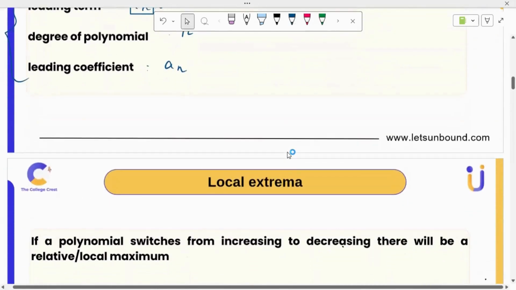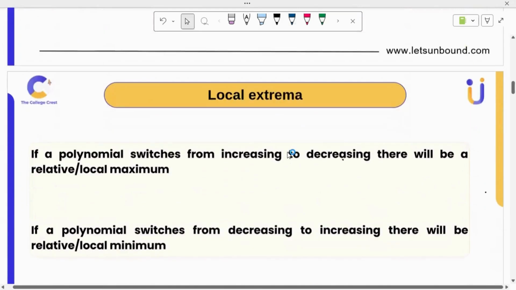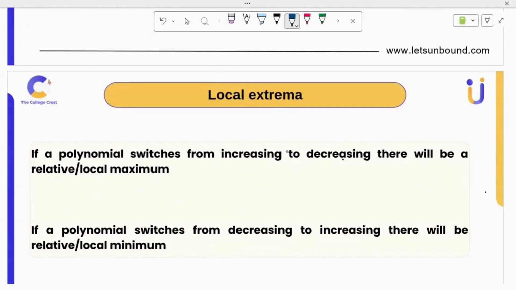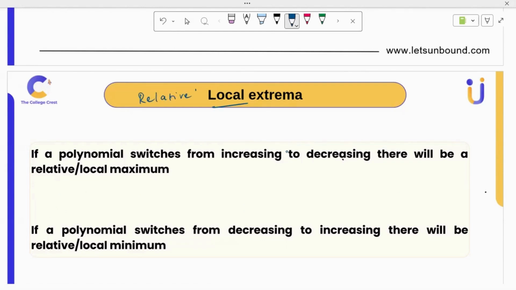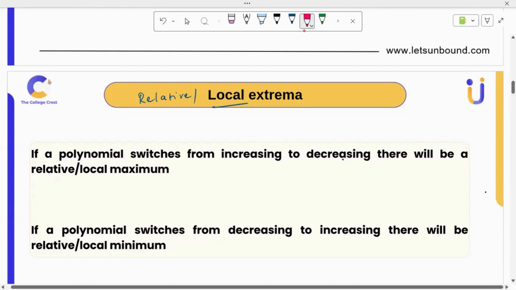Moving to next. Local extrema. Local extrema, what is this? We did maximum and minimum, right? So that is called local extrema, or we will say relative extrema. So for a polynomial, if it switches from increasing to decreasing, there will be a relative or local maximum. A polynomial will always be a smooth curve. So increasing like this, then it goes decreasing. In this case, we got a peak point.